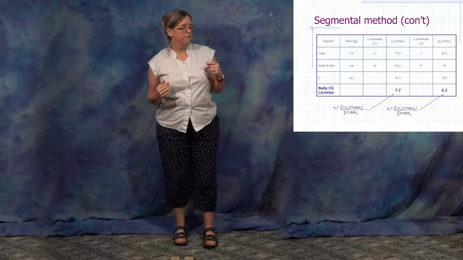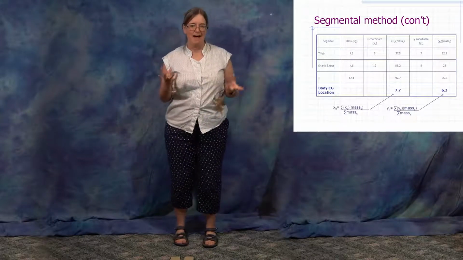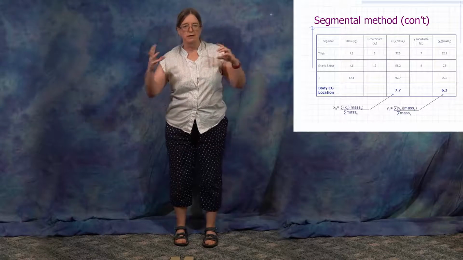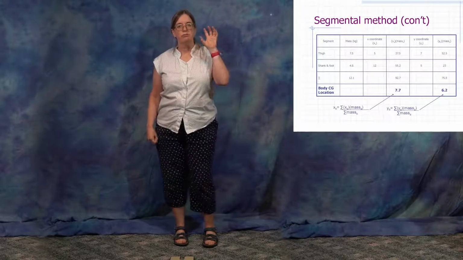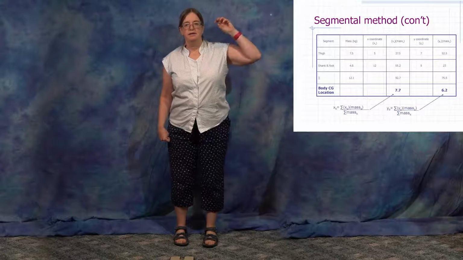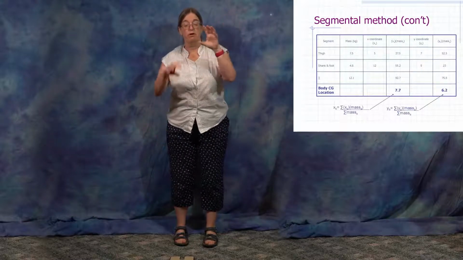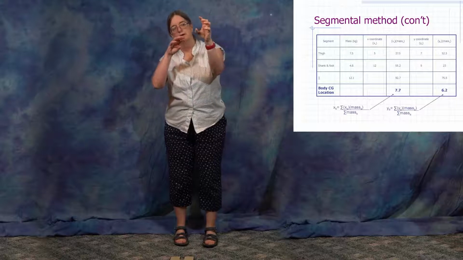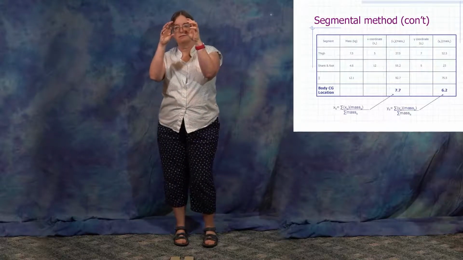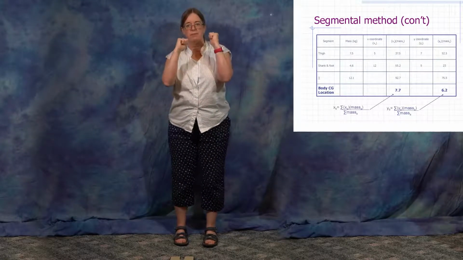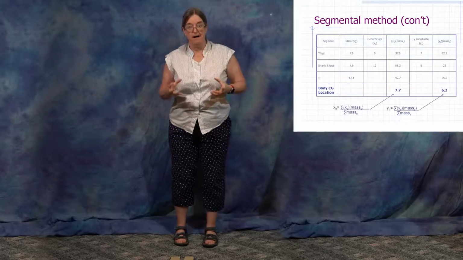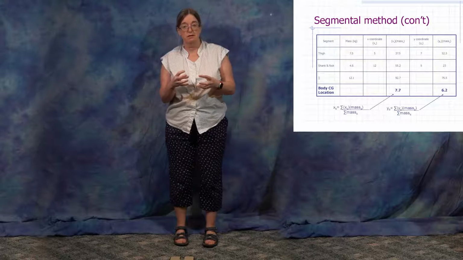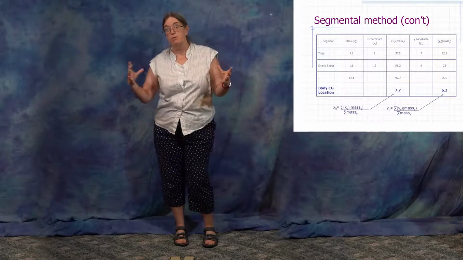So now we have to do what's called a weighted average. For both the X and the Y separately, we are going to multiply each body segment X coordinate with the mass of that segment and add them up. And then we're going to divide it by the total mass of the two segments together, or of all the segments if we have more than one segment.